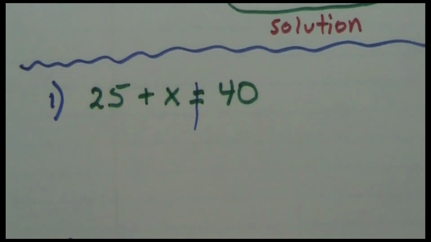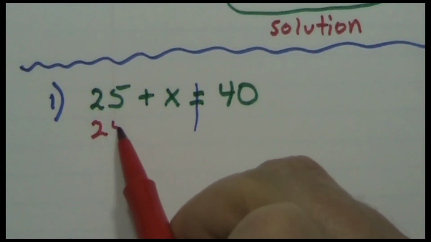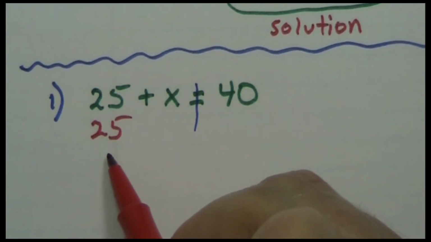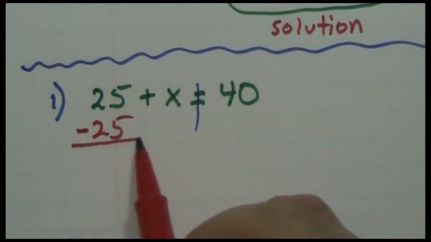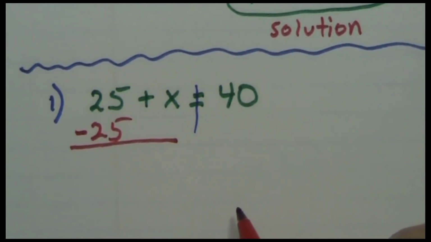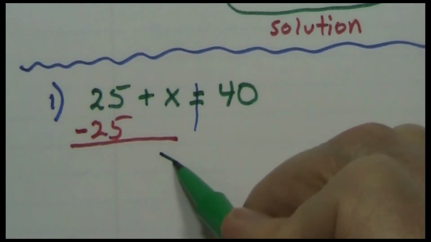To get rid of 25, would I add 25? If I add 25, that'd make 50. That did not get rid of the 25. I want to subtract 25. And if I subtract 25, that will give me just the variable x.